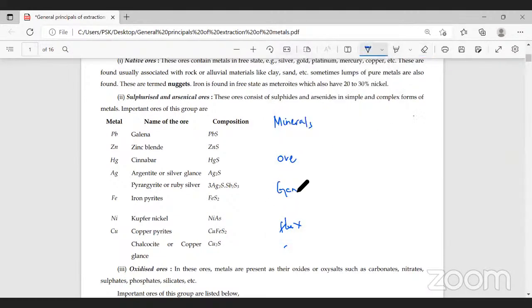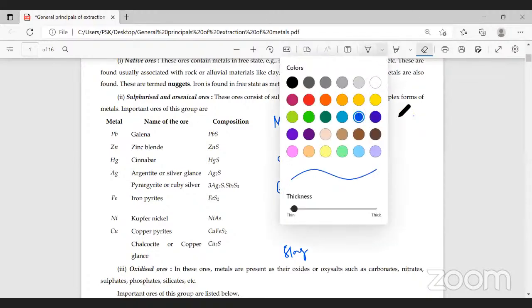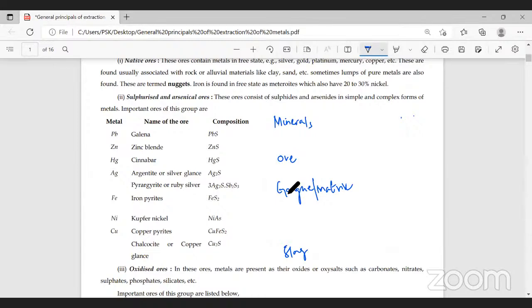And the last term is slag. So what are the 5 terms? One is minerals. The other is ore. The next is gangue, G-A-N-G-U-E. The fourth term is flux. And the 5th is slag.